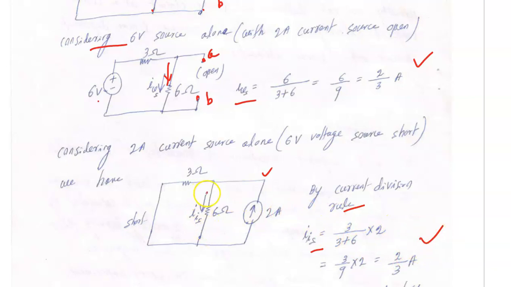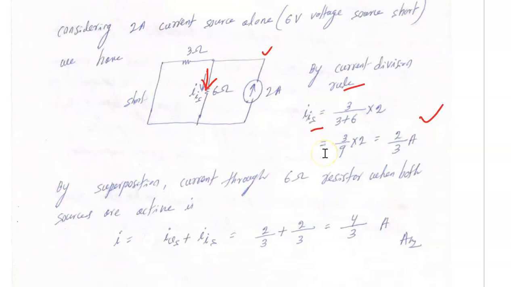So I have calculated the current due to the current source and the current due to the voltage source. The last step is to add the individual responses algebraically. So both I have to add to get the complete response, which is 4 by 3 ampere.